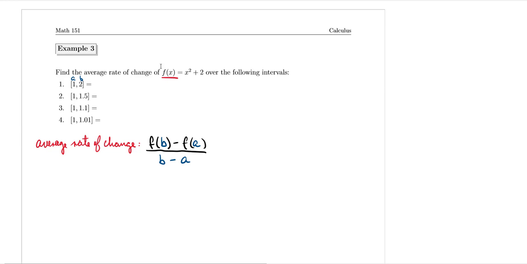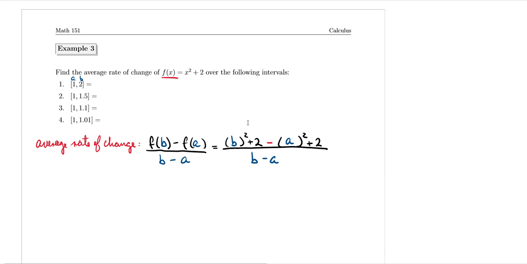So if our function was x squared plus 2, then evaluating the function at b and a is going to give us b squared plus 2 minus a squared plus 2. Well, technically that's not correct because we are missing one crucial detail.